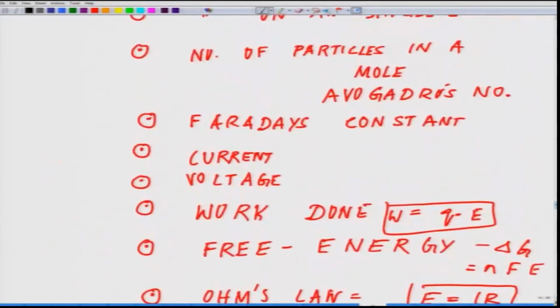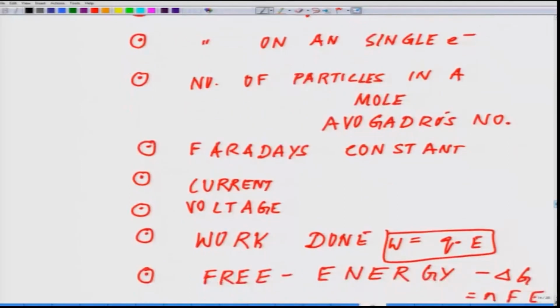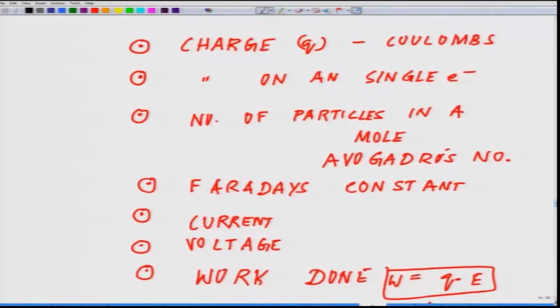Now, these fundamental ideas I want you people to regurgitate: what is a charge, why a charge should move from one point to another, say point A to point B, because they will only move when there is a potential difference, electric potential difference, for a charged particle to move.